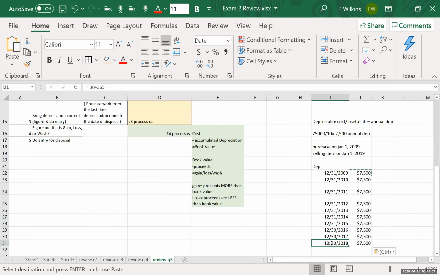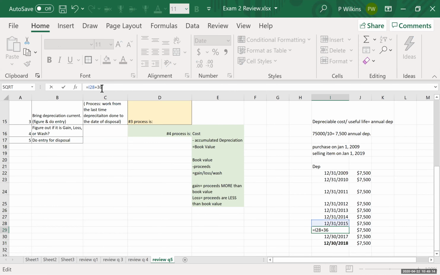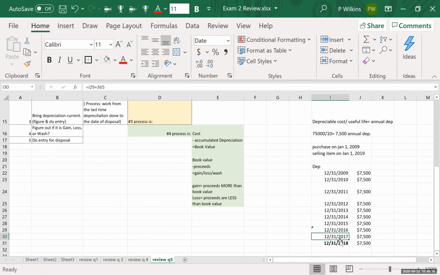So the last time depreciation was done was December 31, 2018. We're selling it on January 1, 2019. Is there a gap in time? No, there's no gap in time at all, because we go from December 31, 2018 to January 1, 2019.